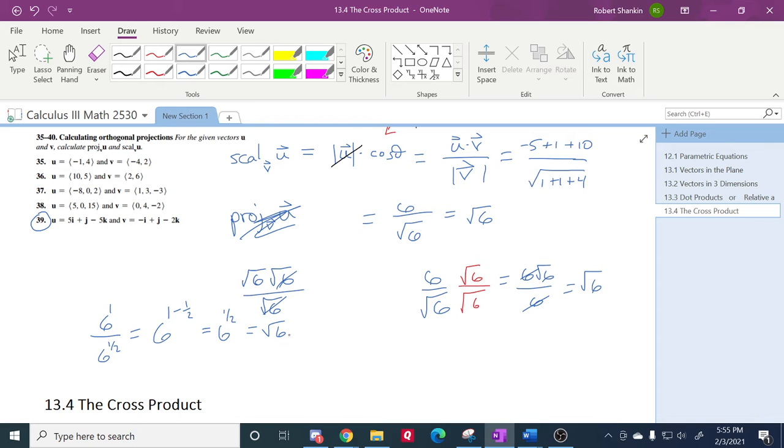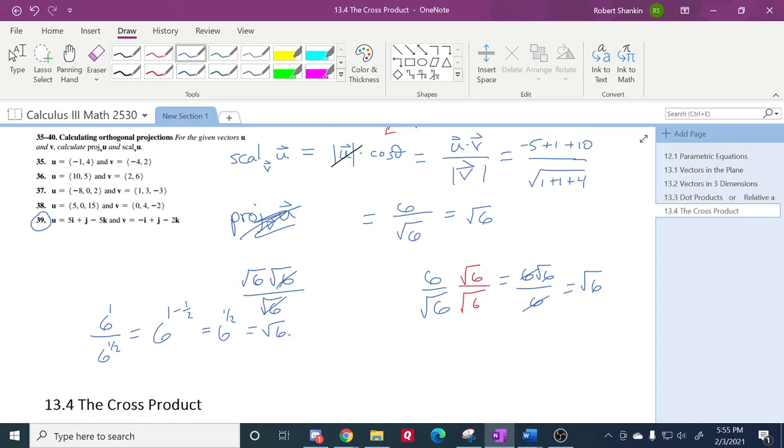I just have a question about the nature of the scalar projection and the projection. So the scalar projection is just the length of the projection vector. Correct. And the projection is just the projection vector itself. Correct.